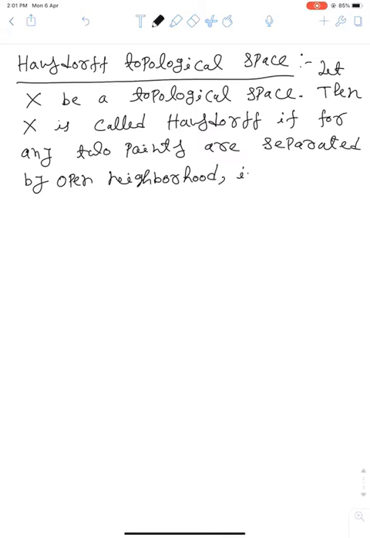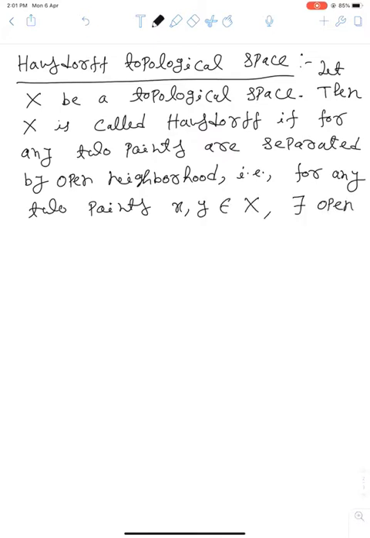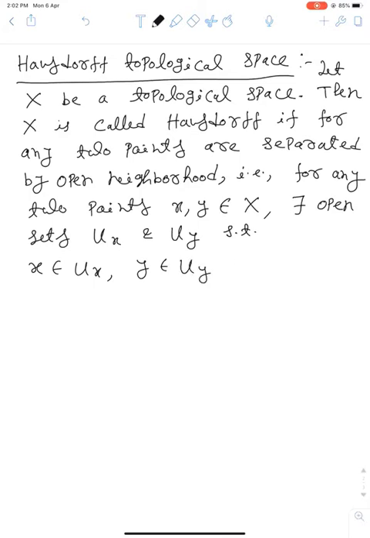That is, for any two points x, y belonging to X, there exist open sets or open neighborhoods Ux and Uy such that x belongs to Ux, y belongs to Uy, and Ux intersection Uy is empty.